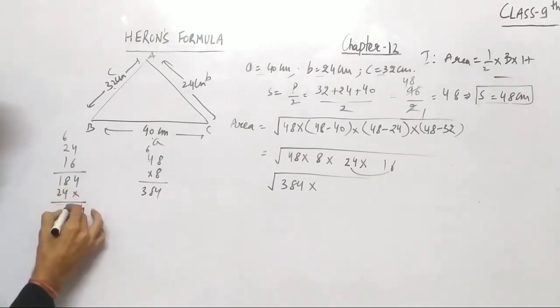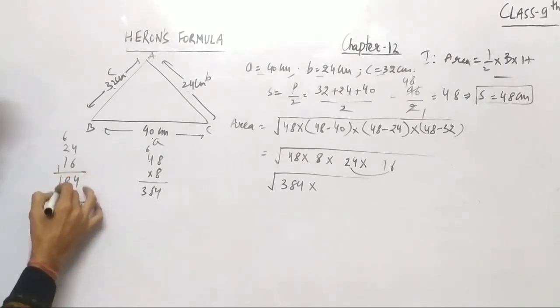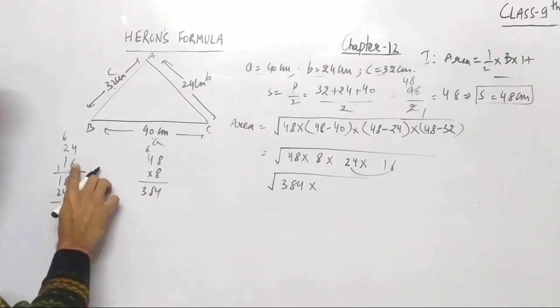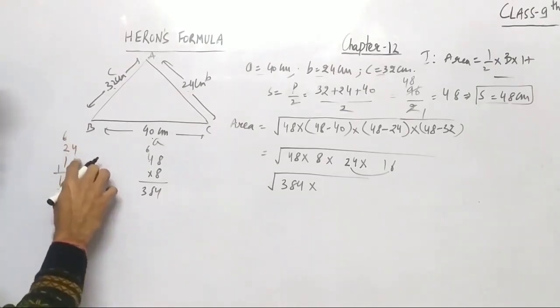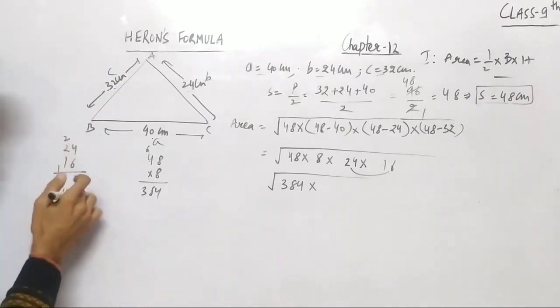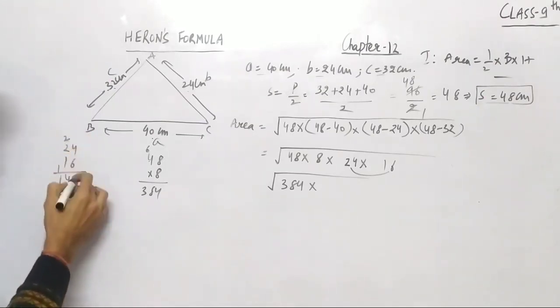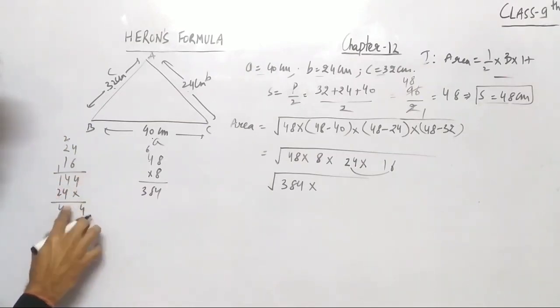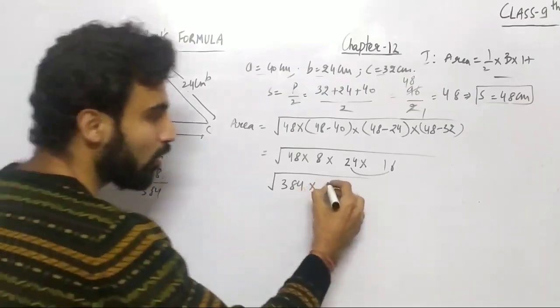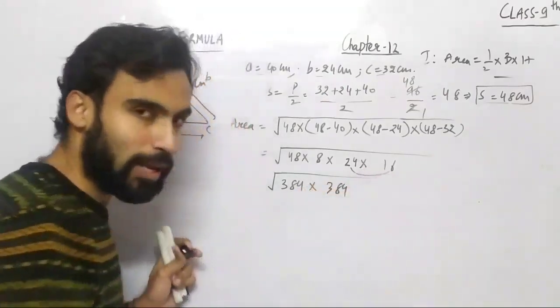So that will be 8 and 4, that is 12, 1 carry, so 2 and 2, 4, right? If I just cross check it, 6 4s are 24, then that will be 2 here, right? So 6 2s are 12, 13, 14. I have just made a mistake here. So now 4, 4 and 4, 8, then 2 plus 1, that is 3. So we have again got 384 by multiplying this, right?